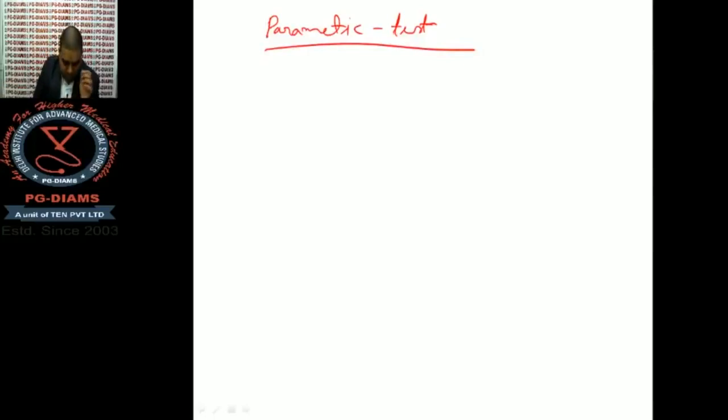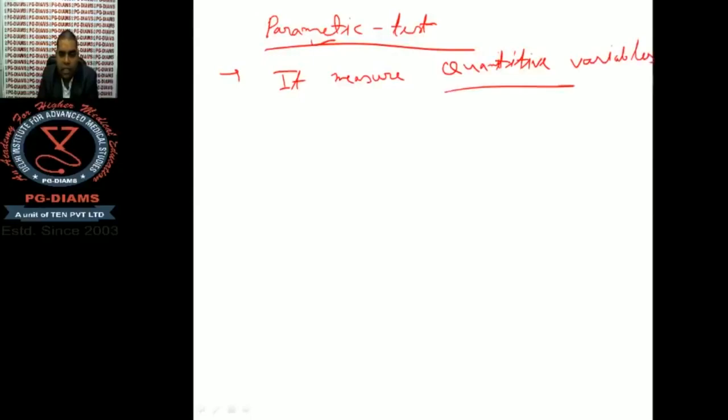So what is a parametric test? A parametric test deals with only quantitative properties, quantitative variables. What are quantitative variables? A quantitative variable is also known as a continuous variable.